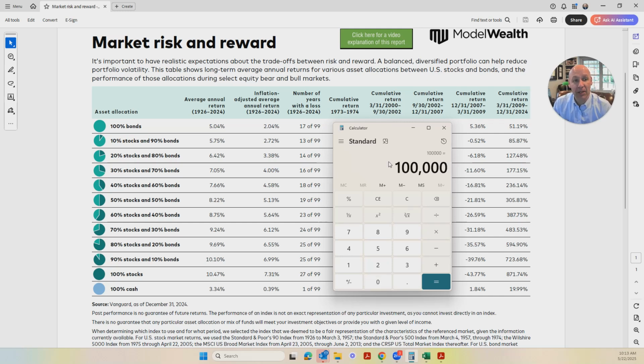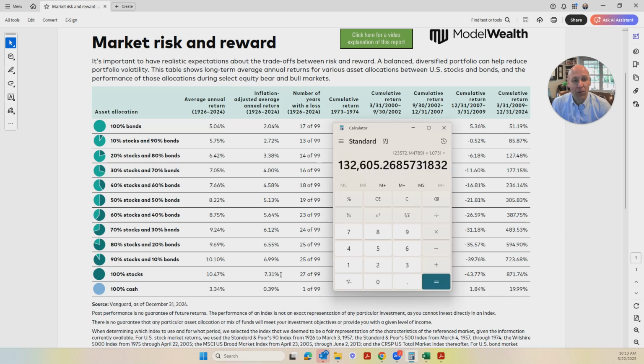And now let's take that same 100,000 and assume over the next 20 years, you get the historical inflation adjusted average annual returns of the stock market. But again, be very careful with these. We would never use a 7% inflation adjusted average annual return in planning. We definitely undershoot these. But let's just put in 7.31, so times 1.0731, and we're going to hit enter 20 times.